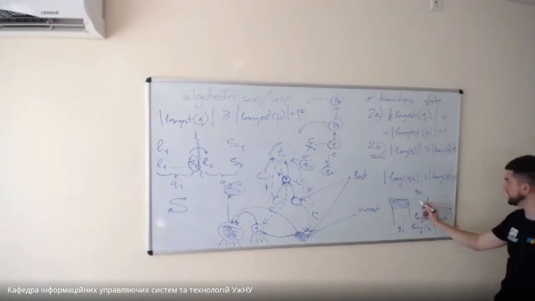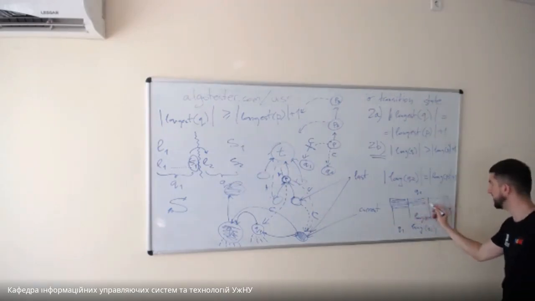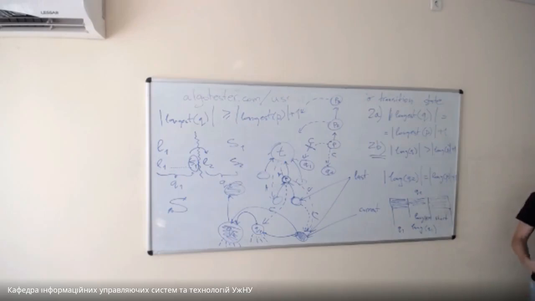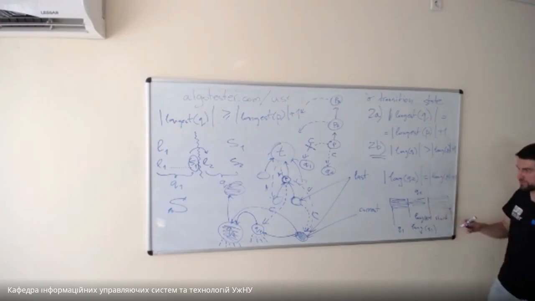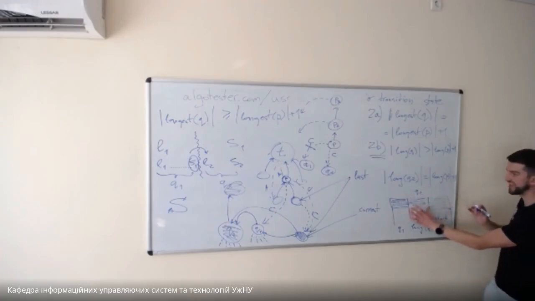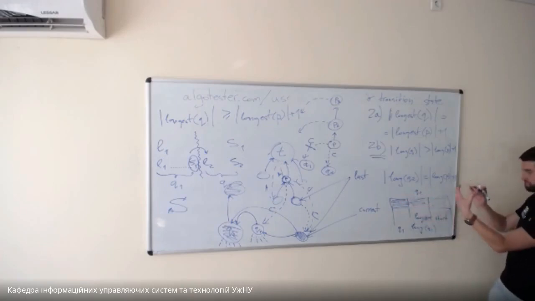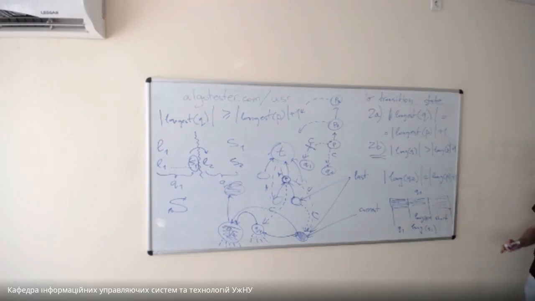And in this manner, we will actually cover all suffixes of the initial string. By moving up the suffix link, we will simply traverse all the ranges of suffixes of the initial string S.